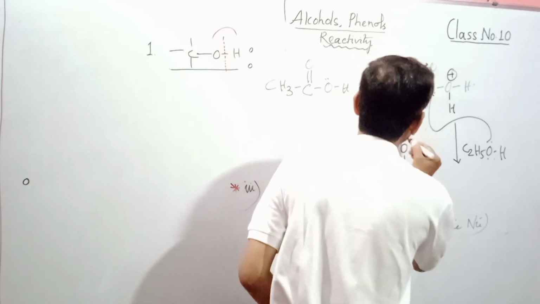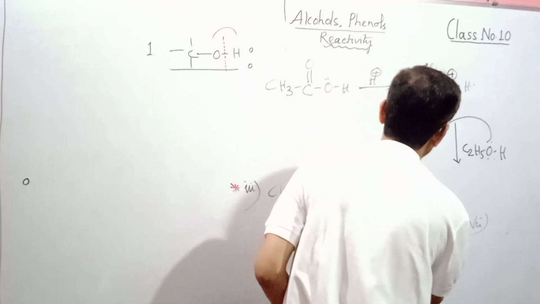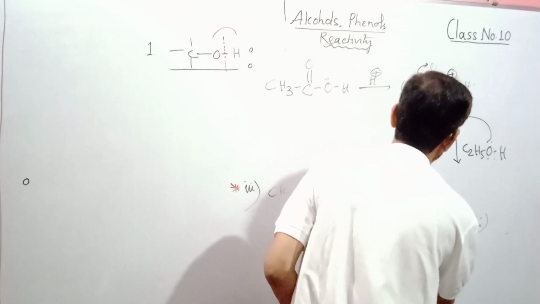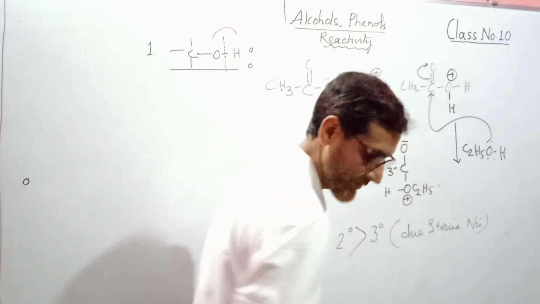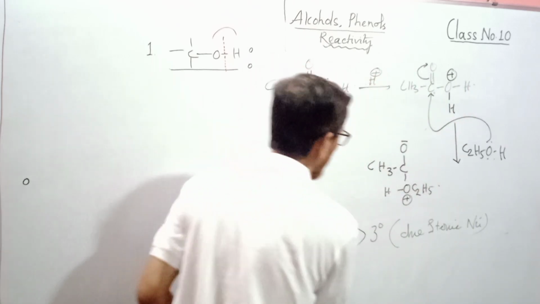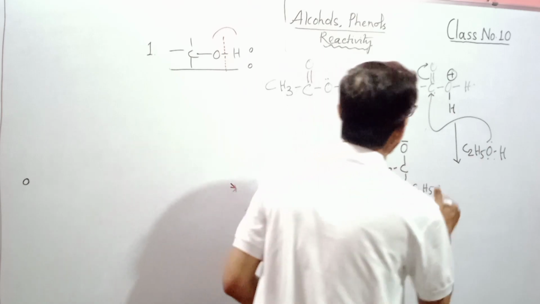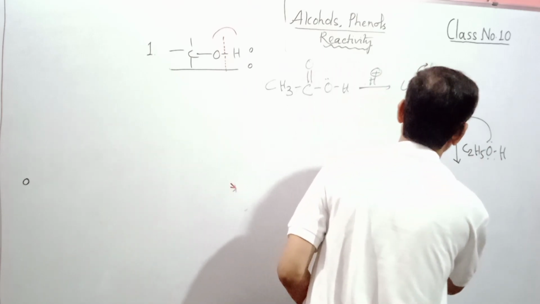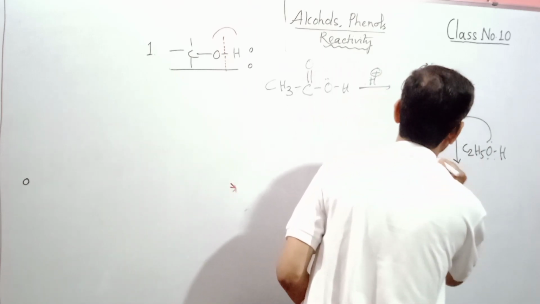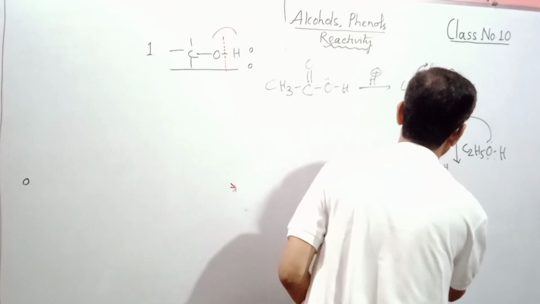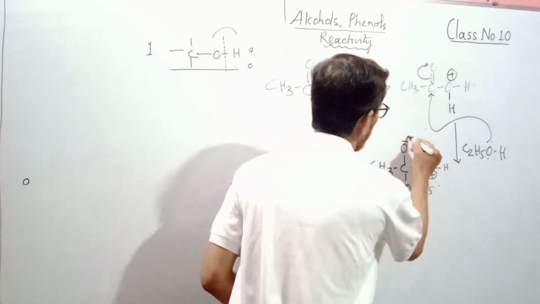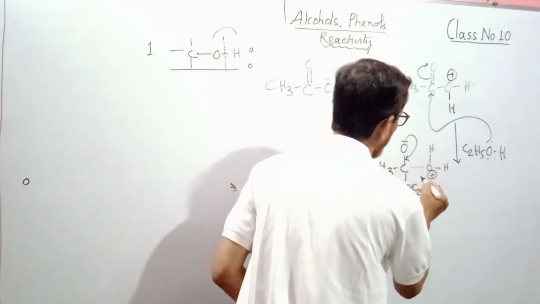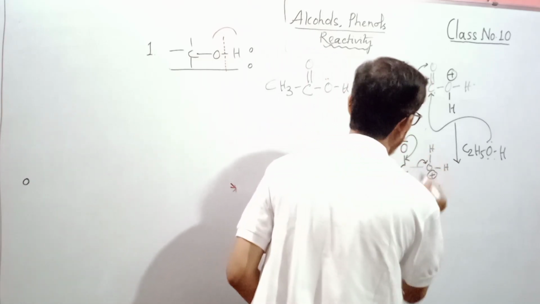So the thing appears, this bond withdraws in this way, and OC2H5H becomes plus, and OH H plus. Next step, the bond inclines towards this and this breaks.